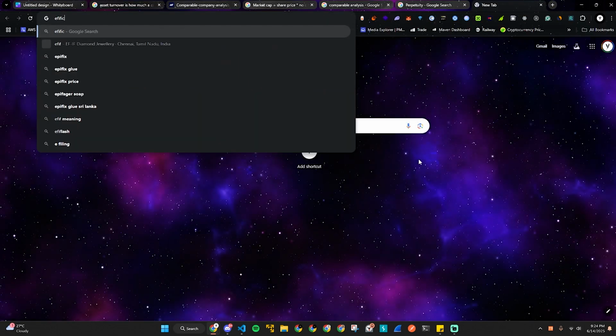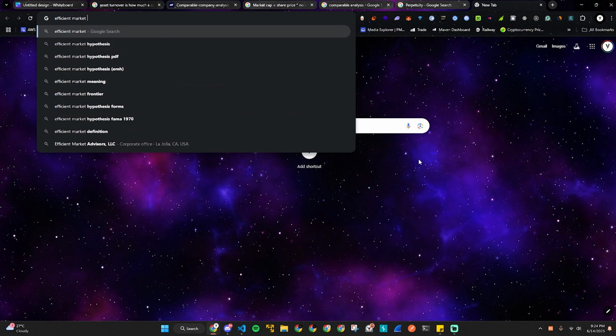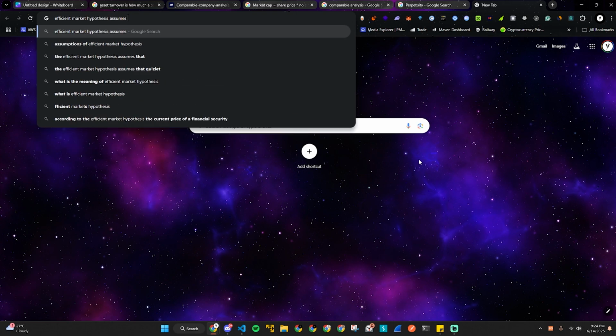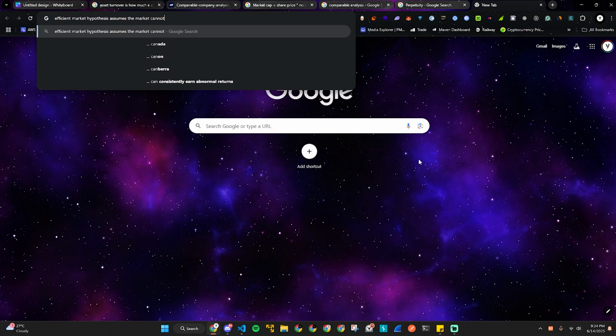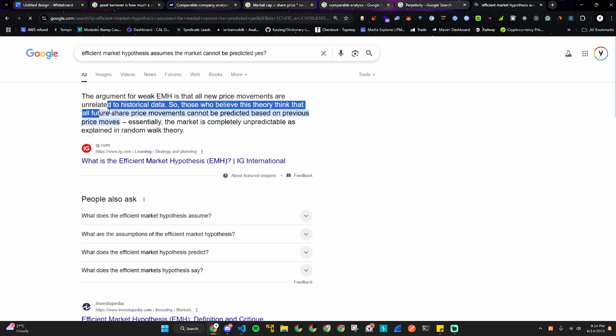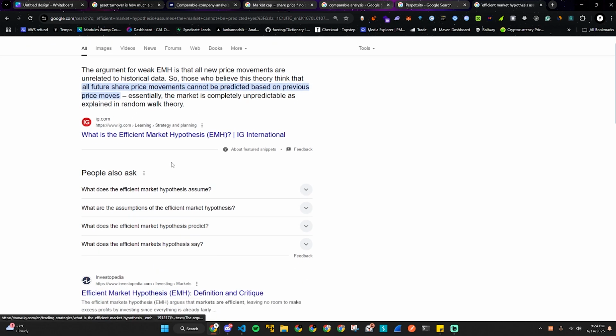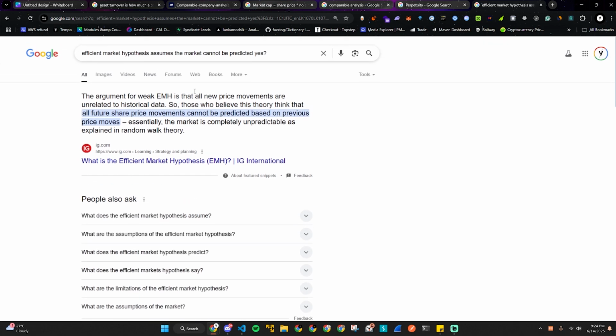So the efficient market hypothesis assumes the market cannot be predicted. Future share price cannot be predicted exactly based on previous price moves. Exactly. It's like the efficiency theory.